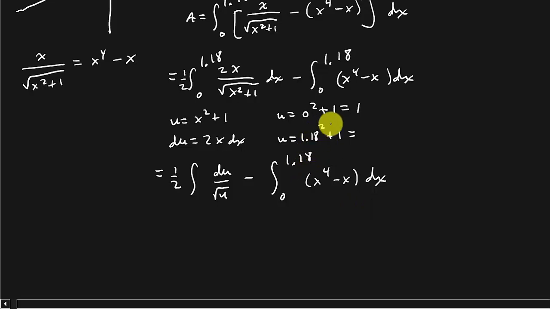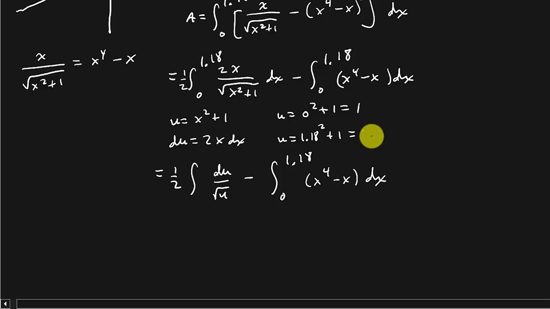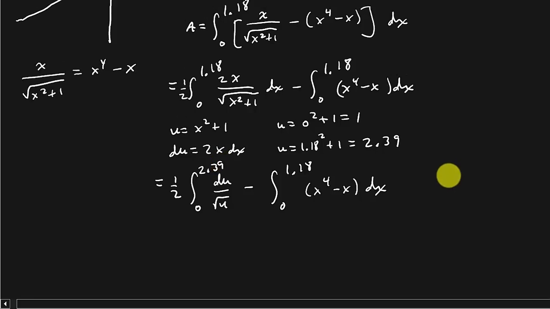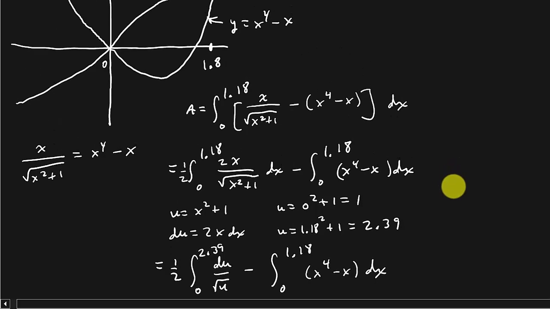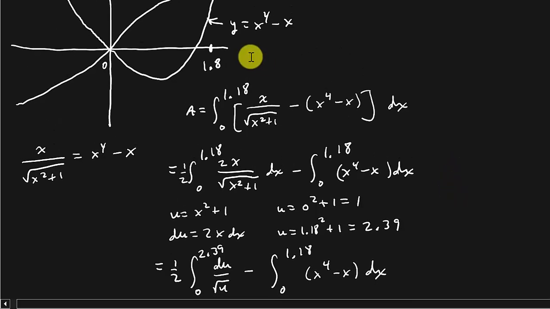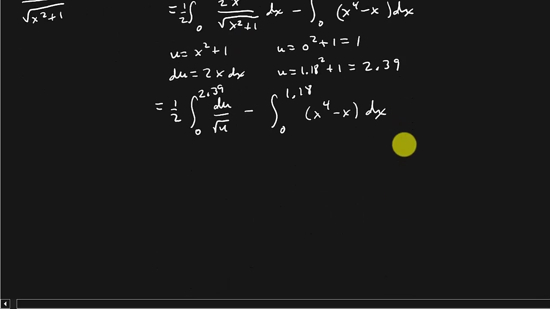And so now we have 1.18 squared plus 1, which is 2.39. So that's 0 to 2.39. I messed that up, but it's fine now. Let's change this to 1.18. So be careful when you're reading the stuff. We all make simple mistakes like that.